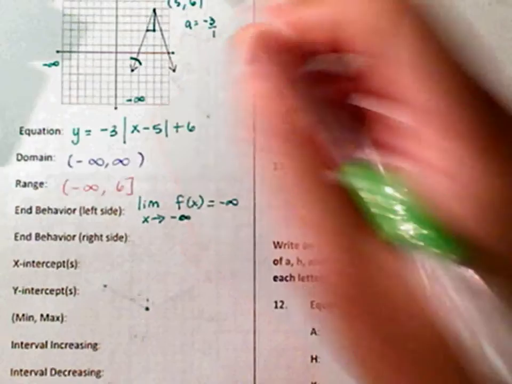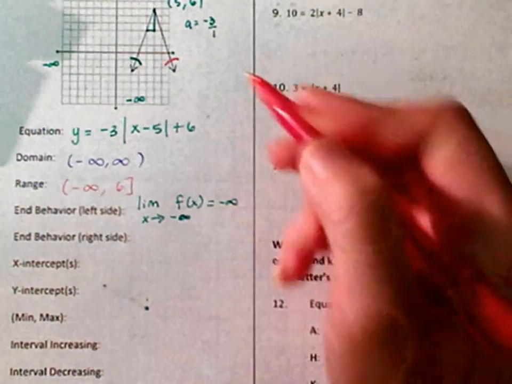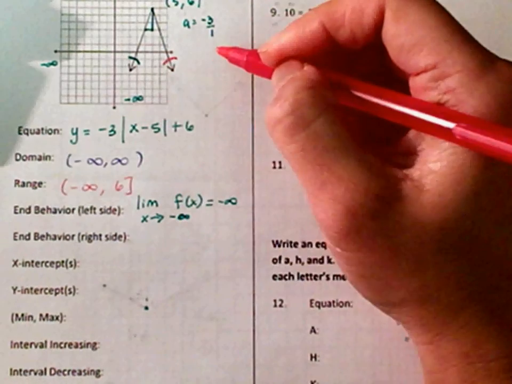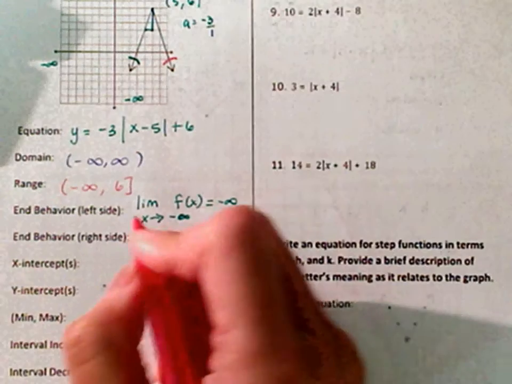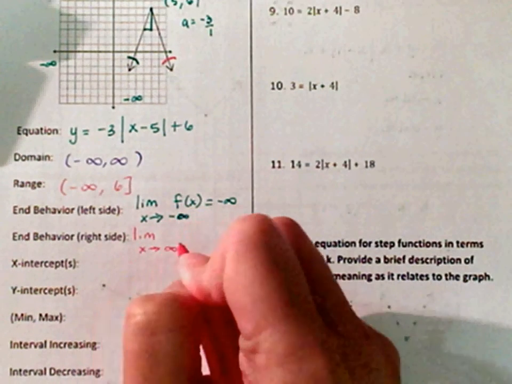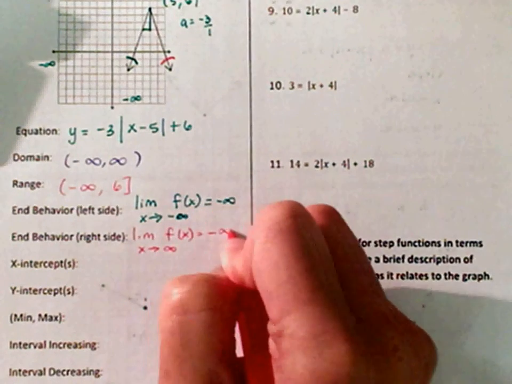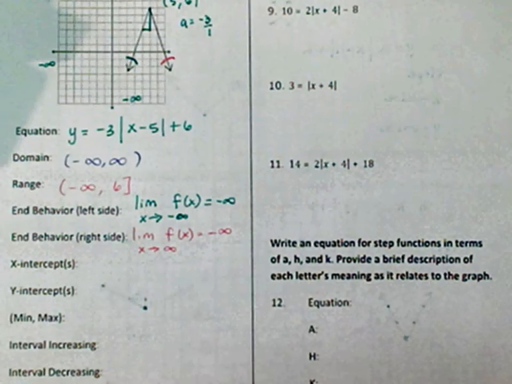Right hand side, your end behavior is this one right here. You are going southeast. As you're heading east, you're also heading south. So as x approaches positive infinity, y approaches negative infinity.